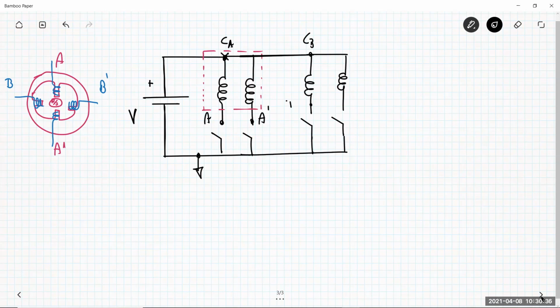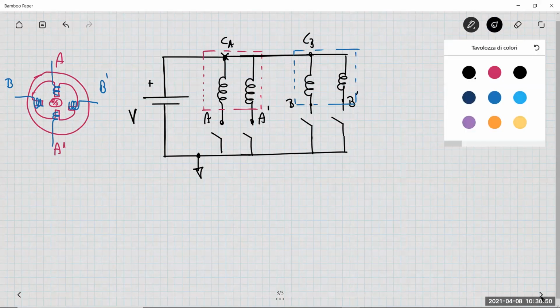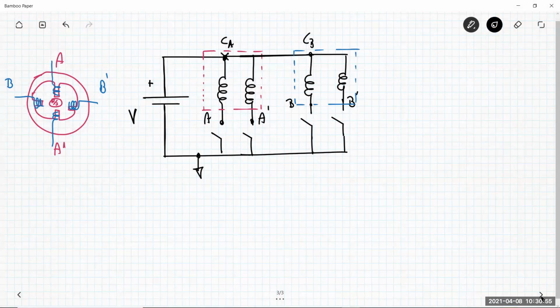This is B, and this is B prime. Okay, and this is the phase B. Okay, so this is exactly the same description as before for the two phases case.